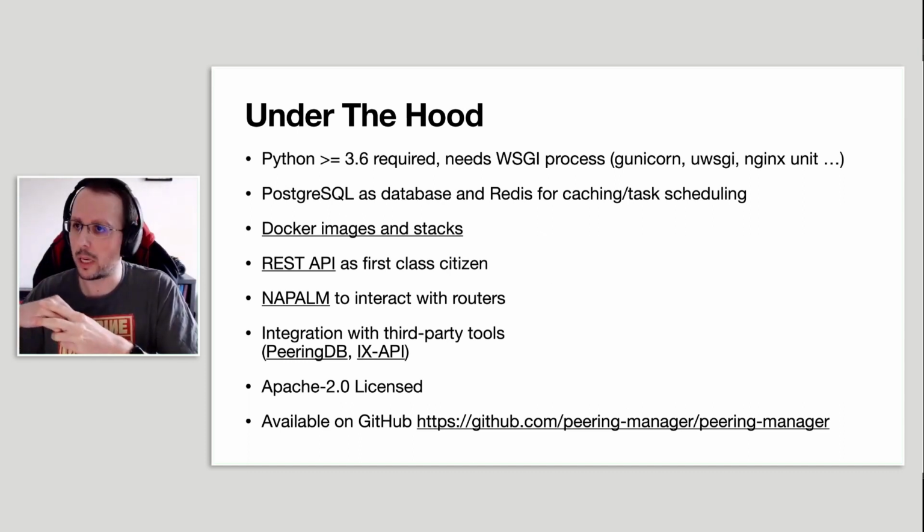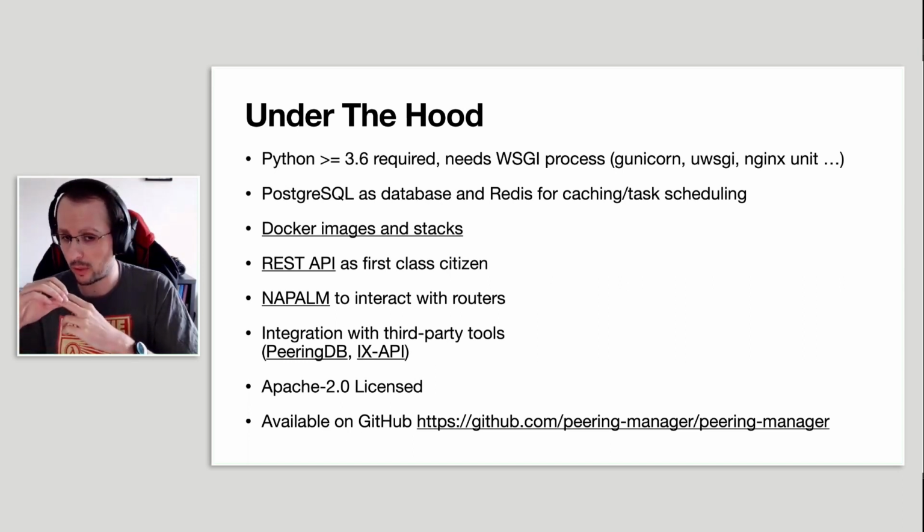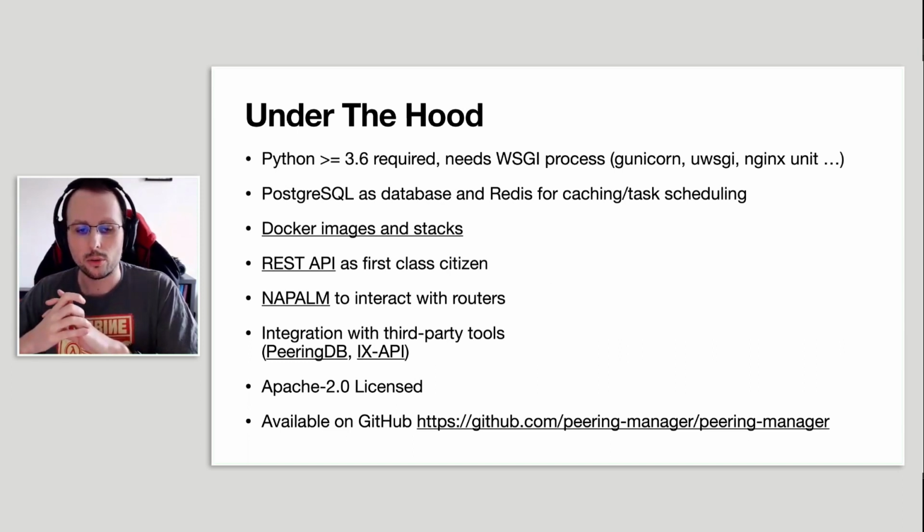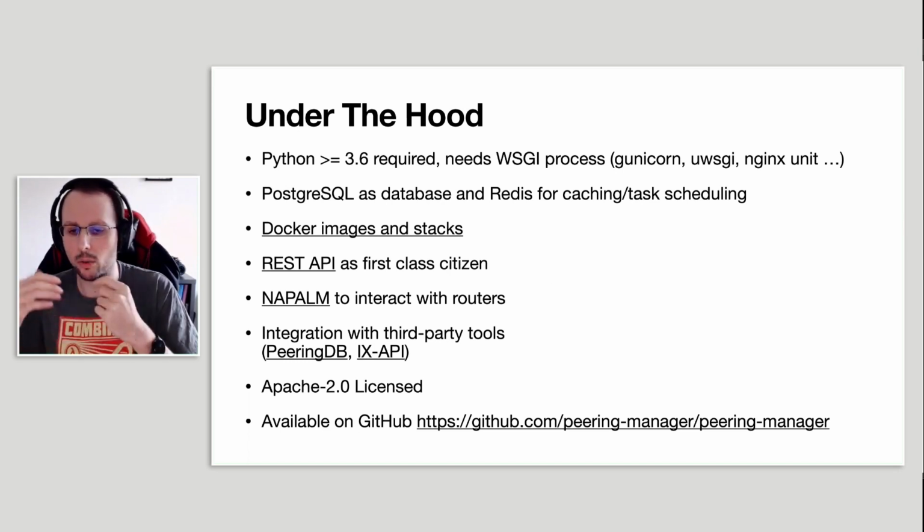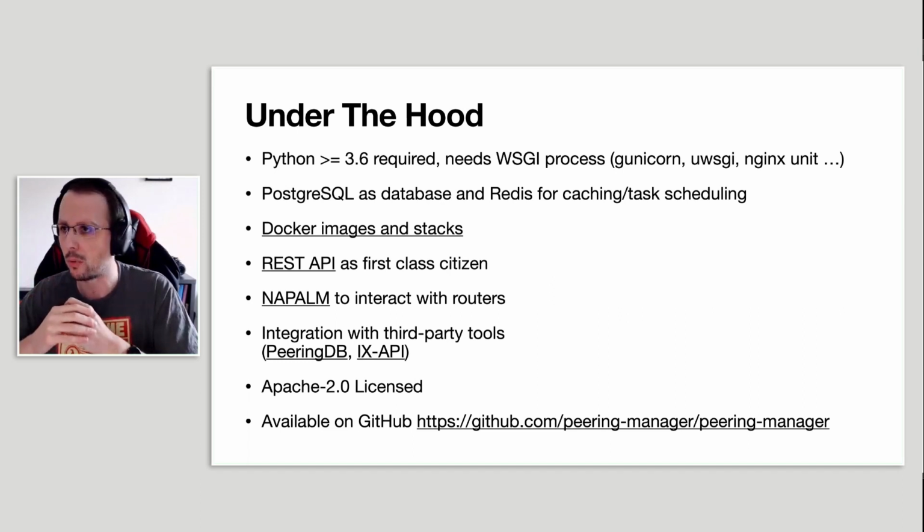I know that LINX, for instance, proposes an IXAPI, so Peering Manager can communicate with that API. Peering Manager is under the Apache 2.0 license and is available on GitHub. It's free and open source, and it will stay like this. There is no feature hidden behind a paid subscription or stuff like that.